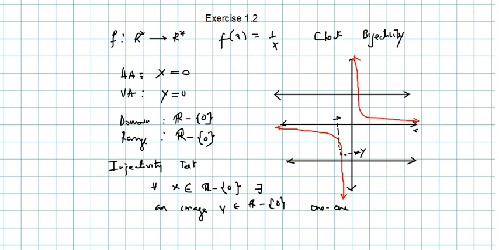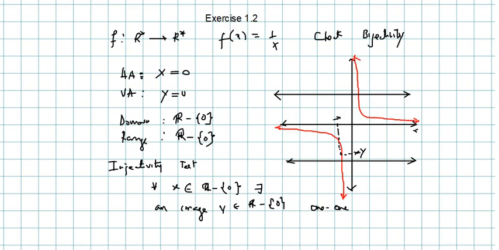So what can we say? Clearly from the graph, y is an element of the range, right? y is an element of the range, R minus 0, and 0 is an image of x, element of the domain.